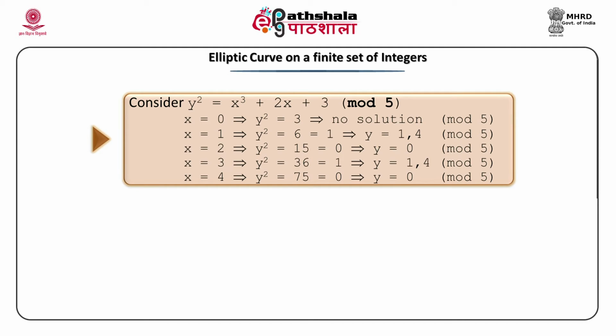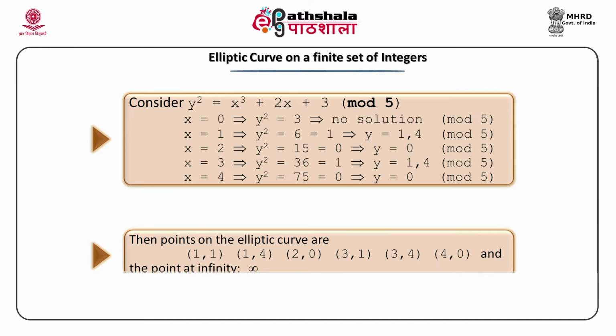If x is equal to 4, y square is equal to 75, 75 mod 5, that means 75 divided by 5, the remainder would be 0, that leads to y equal to 0.